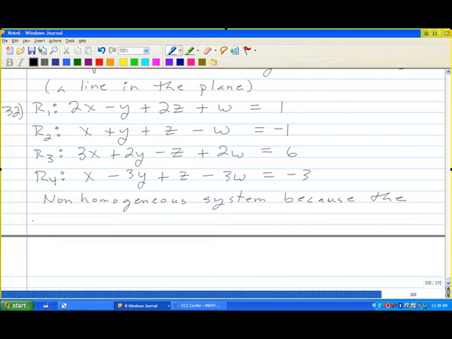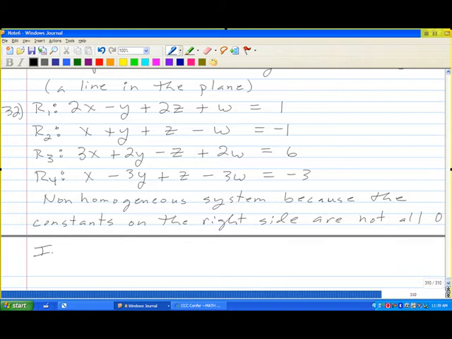If they were all zero, then we would call this a homogeneous system.